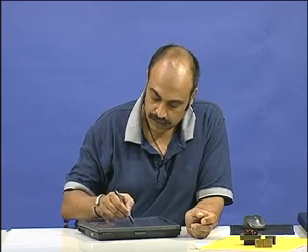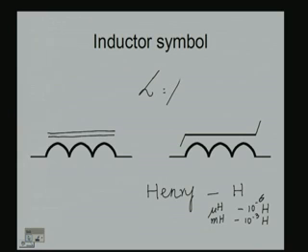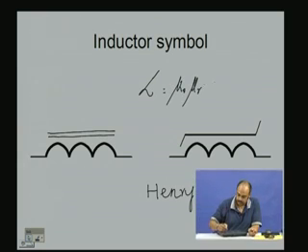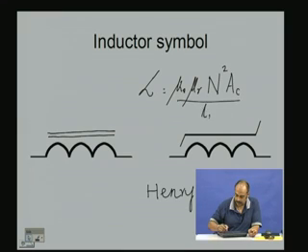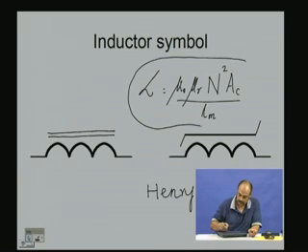So, you have L, which is equal to mu naught mu r n square Ac by lm. So, this is the inductor equation.